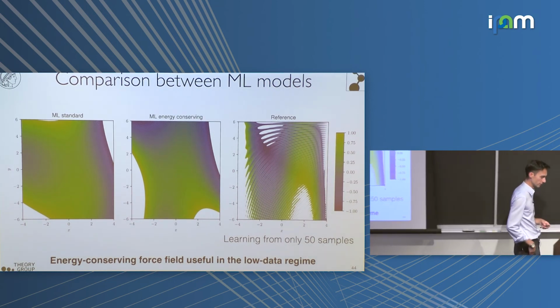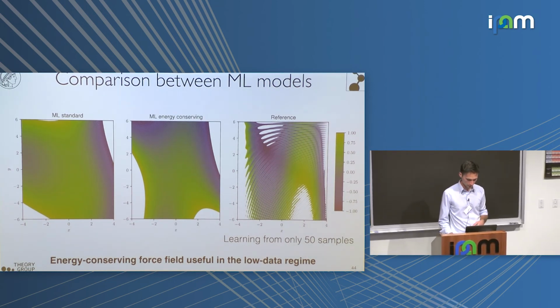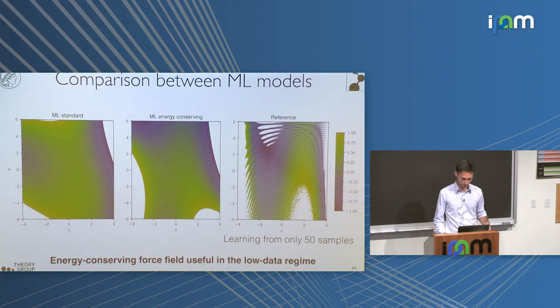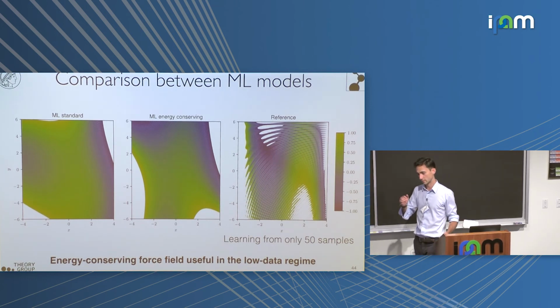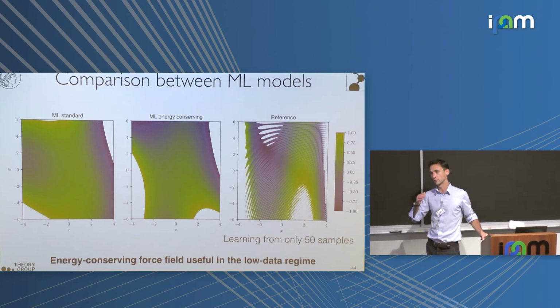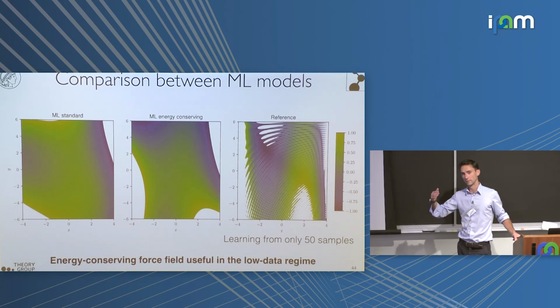So there's a little bit of an improvement. Which again is one of the messages: if you work in a regime where you have infinite data or sufficiently many data points, it doesn't really matter whether you a priori satisfy energy conservation or not, because your model will have enough data to figure it out.